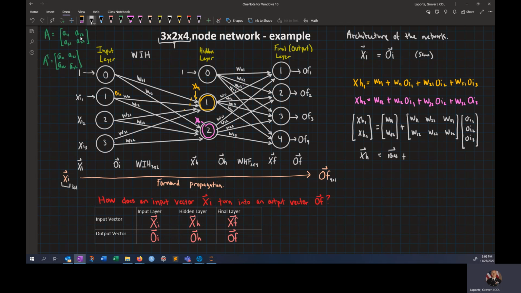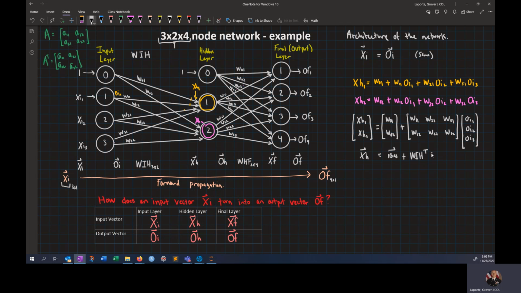In other words, that stands for row 1, column 2, and that stands for row 2, column 1. I want this to be row 2, column 1, so this will end up being the WIH transpose. So that's the whole purpose of me going through that business.